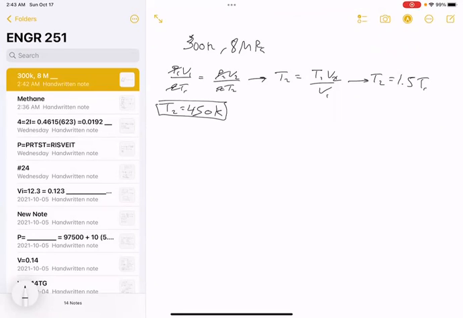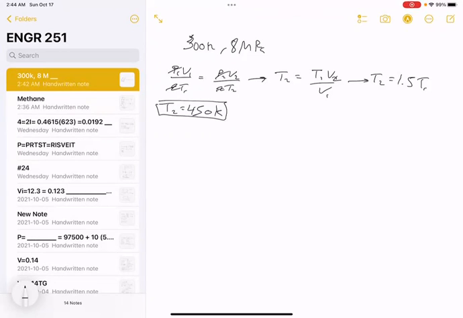And of course, the reduced volume times 1.5 is the final reduced volume. Knowing the final reduced volume and the final reduced pressure, which is the same as the initial reduced pressure because it's a piston cylinder, we can find the final reduced temperature. Multiplying the reduced temperature by the critical temperature of the fluid gives the actual temperature. So that's the game plan for this.